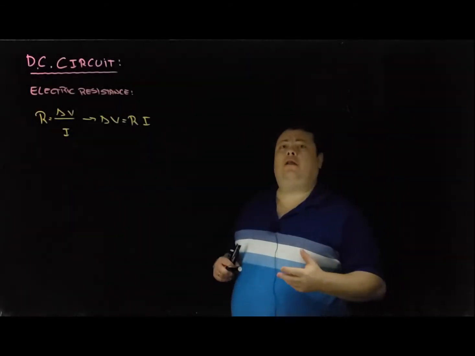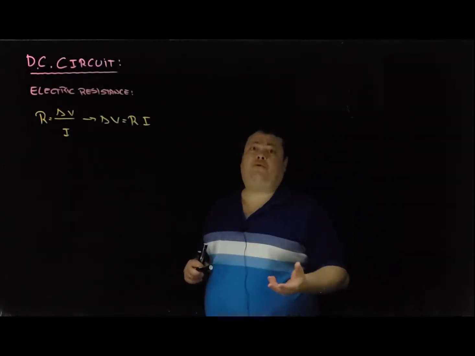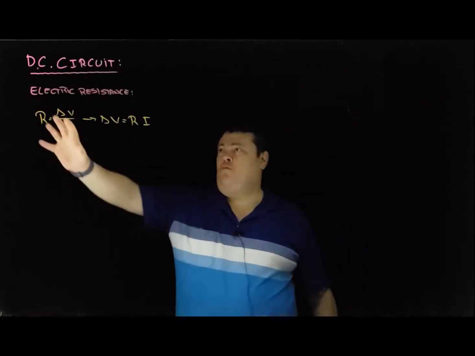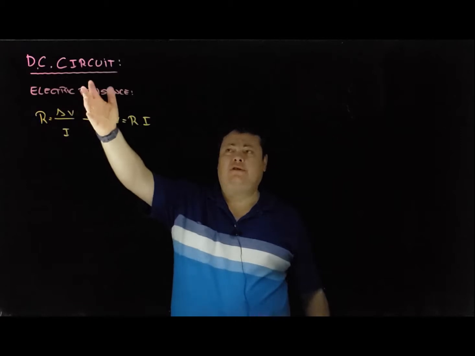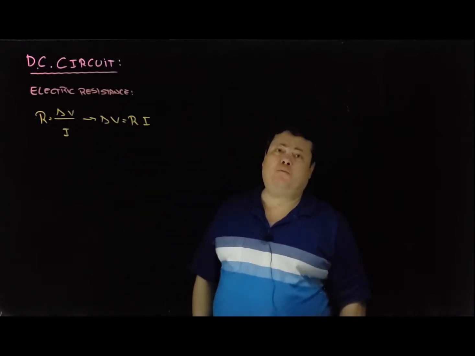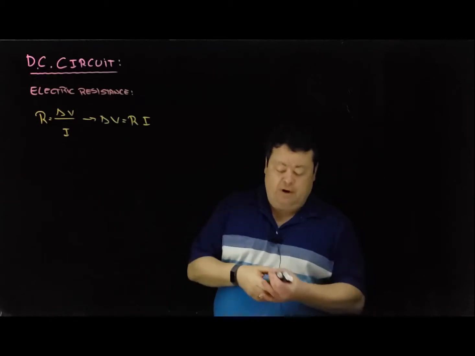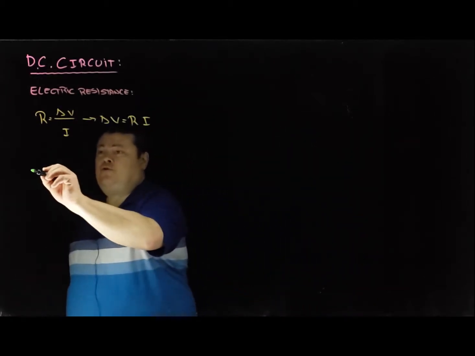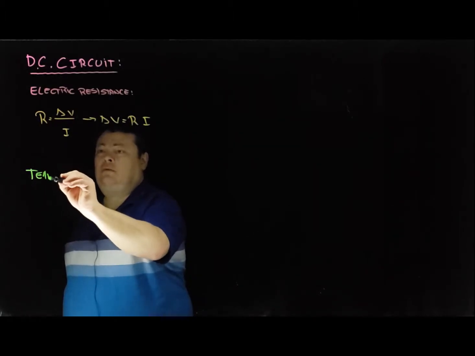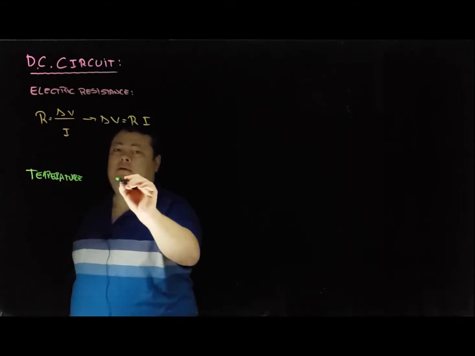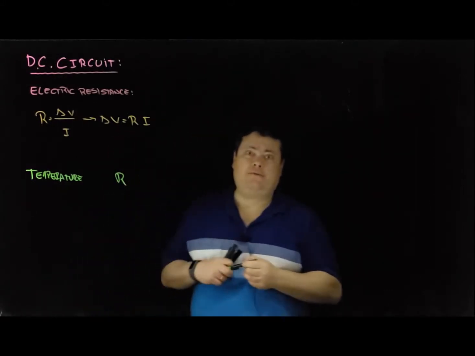Let's now talk a little bit further about electric resistance. So the first thing, let's go back to our equation. Resistance is voltage over current, or voltage equals resistance multiplied by current. First thing I would like to discuss is the effect that temperature has on electric resistance.